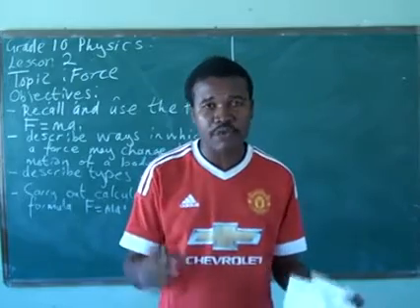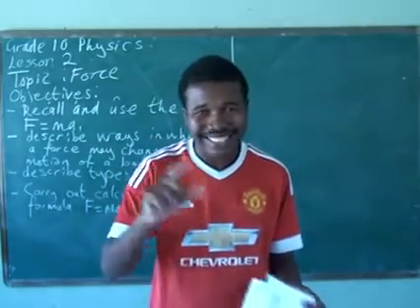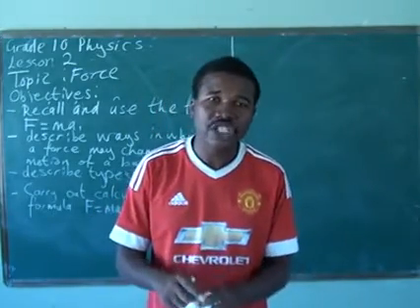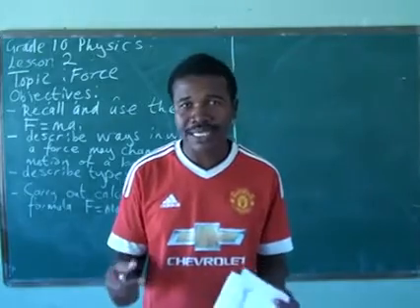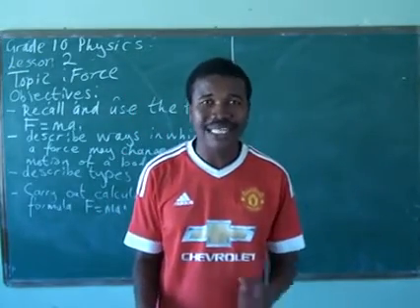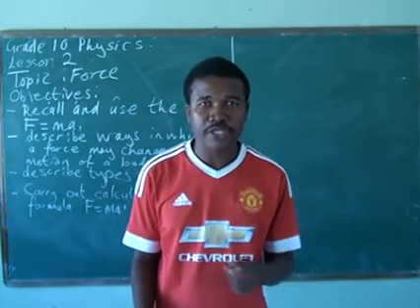We gave an example of a spring where if you placed 50 grams on it there would be a certain extension, and when you placed 100 grams on it the extension would double. That is Hooke's law, which states that the extension of a spring is directly proportional to the load placed on it.